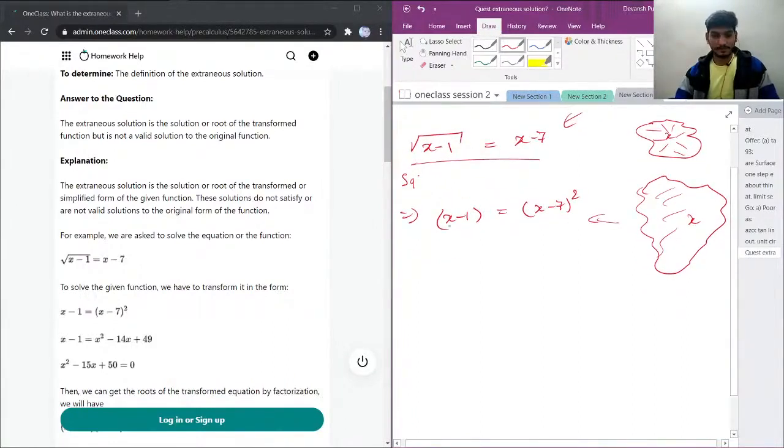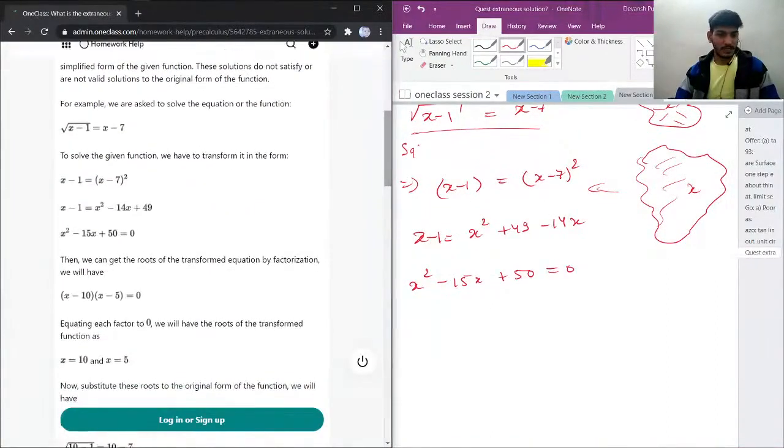Now I'll solve this equation to find the value of x. x minus 1 equals x square plus 49 minus 14x. I will subtract x minus 1 from both sides and I will get x square minus 15x plus 50 equal to 0.